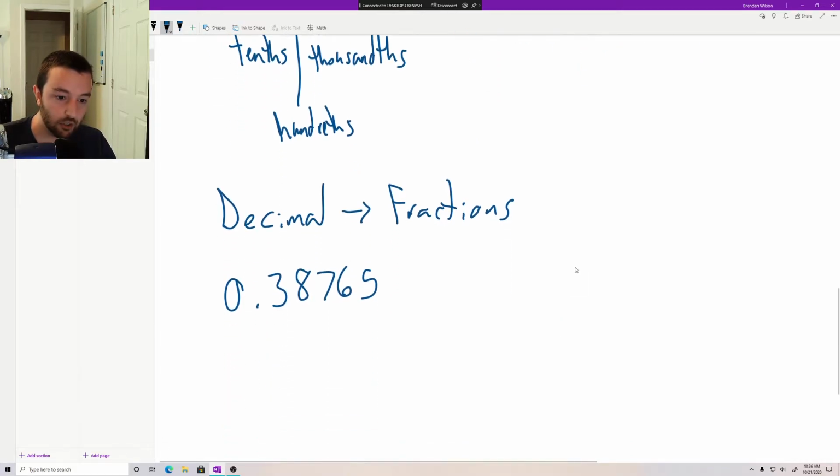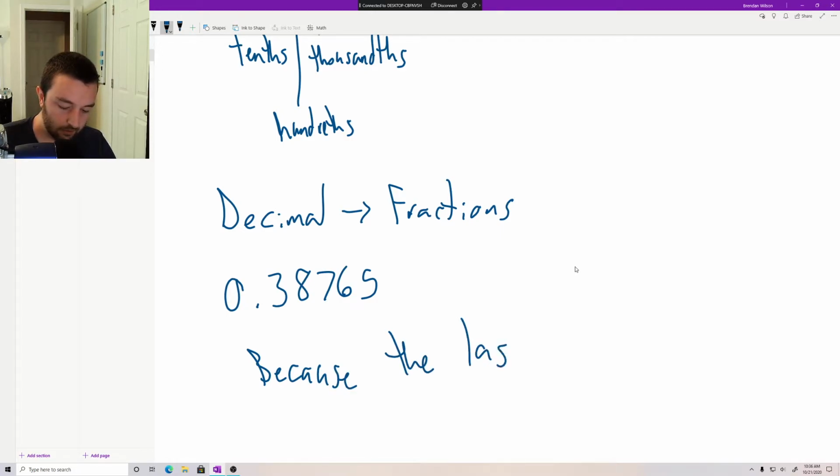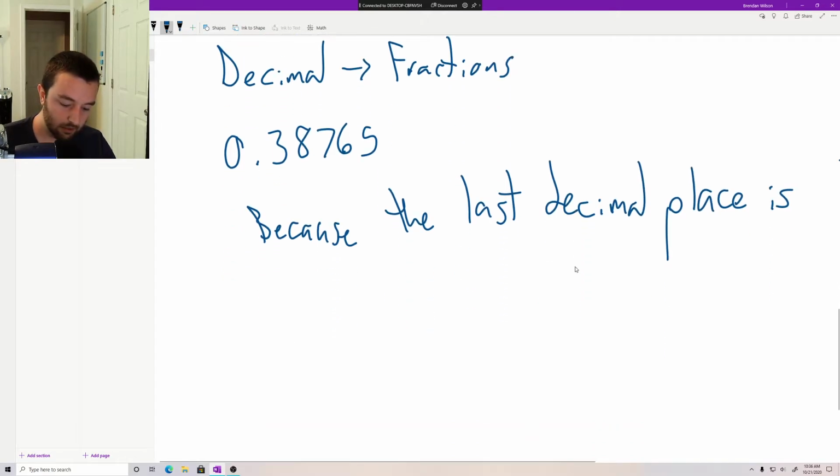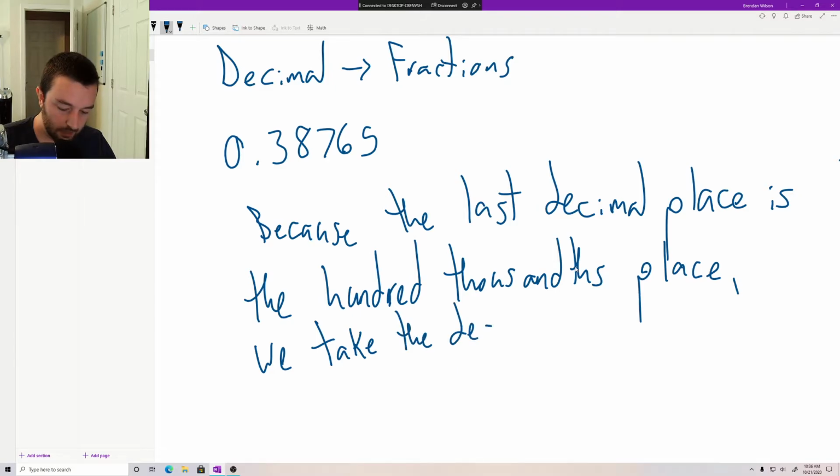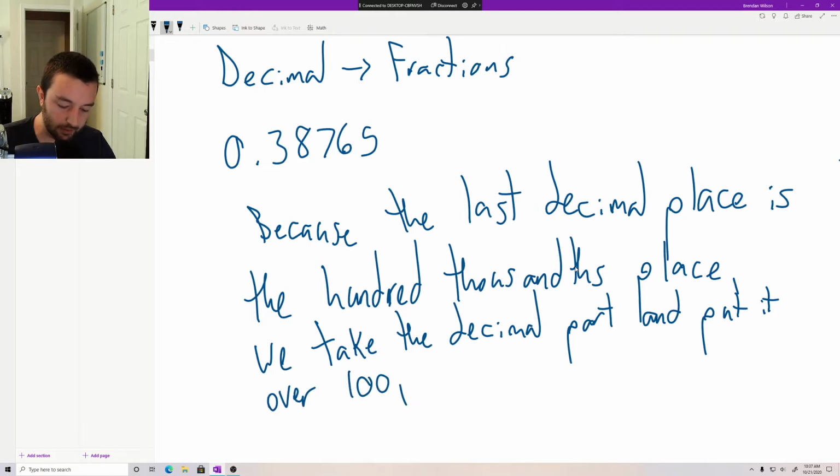Okay. So because the last decimal place is the 100,000ths place, we take the decimal part and put it over 100,000.